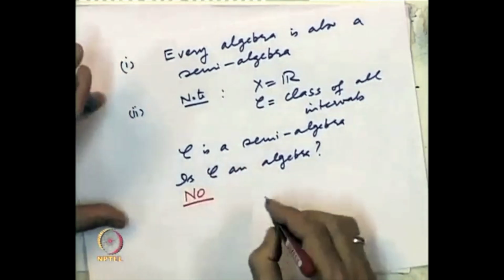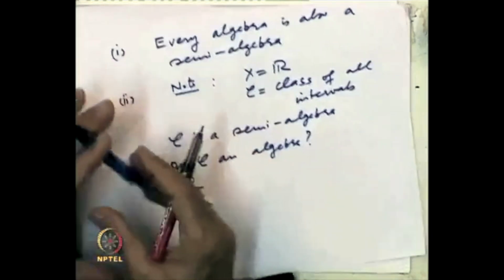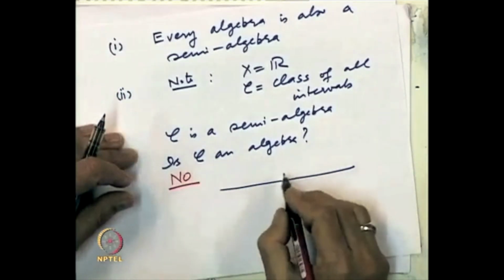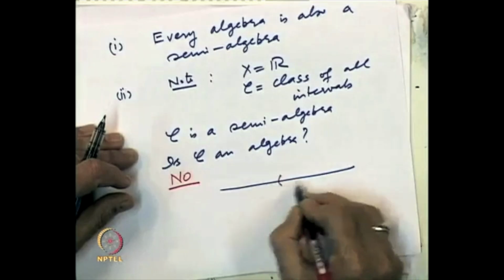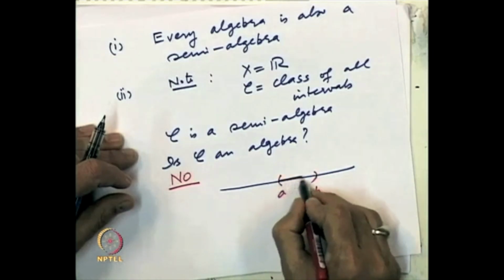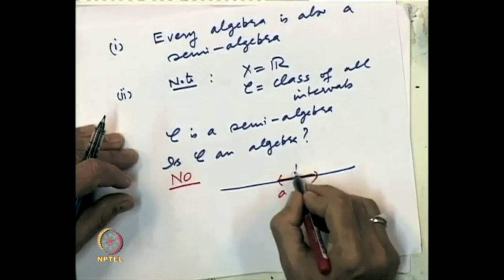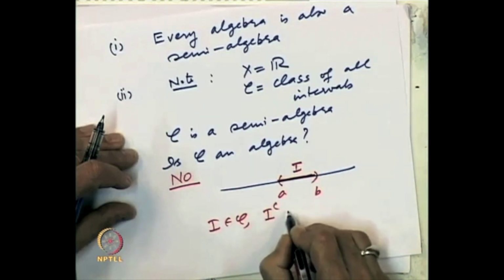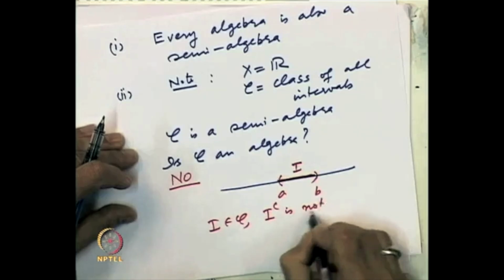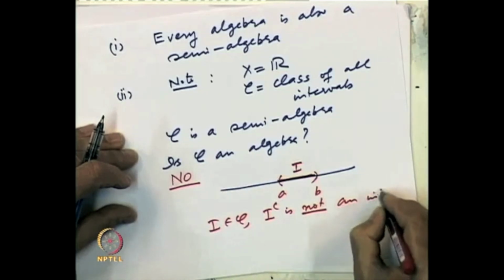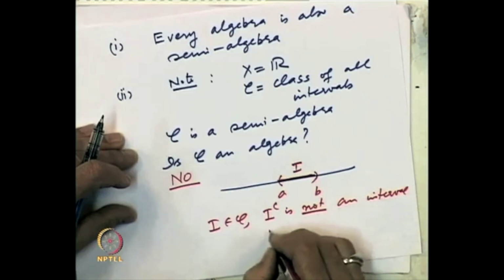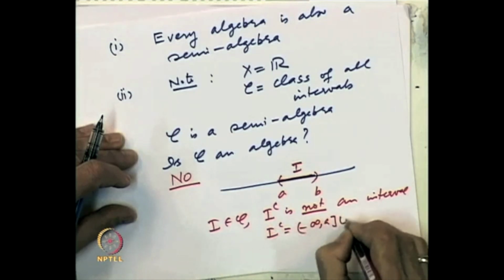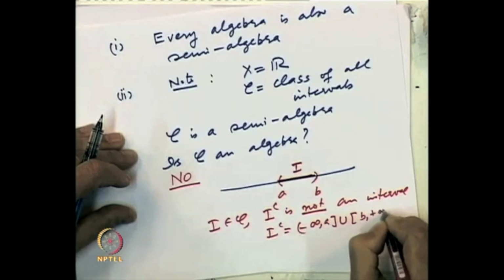For example, I can take any interval, say A to B. Let us take this interval A to B, that is my I. So I belongs to C, but I complement is not an interval, because I complement is nothing but minus infinity to A union B to plus infinity.